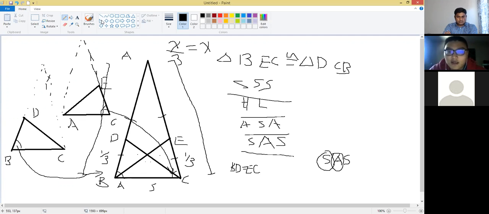And also here, AC and CE. So CE is also 1/3 of AC. Therefore, X divided by 3. Is X over 3 equal to X over 3? Yeah. Therefore, BD equals EC.